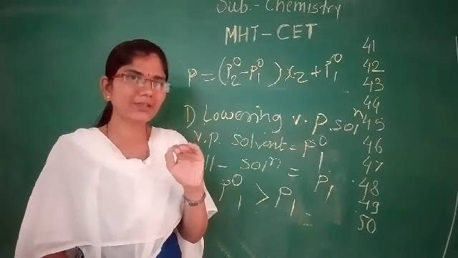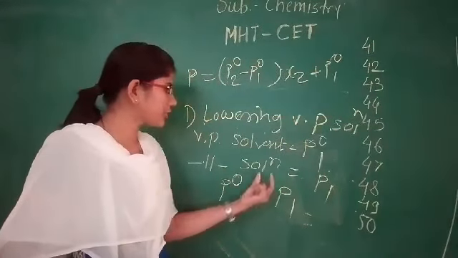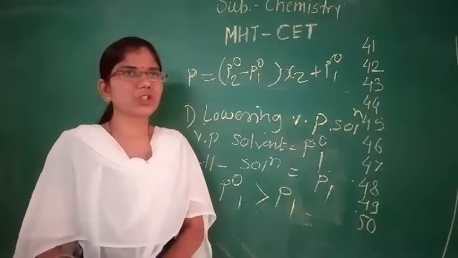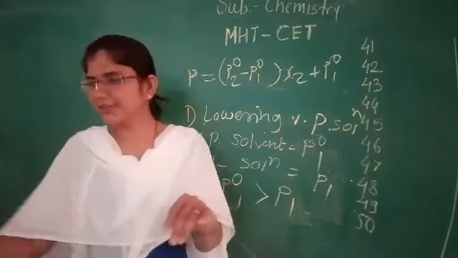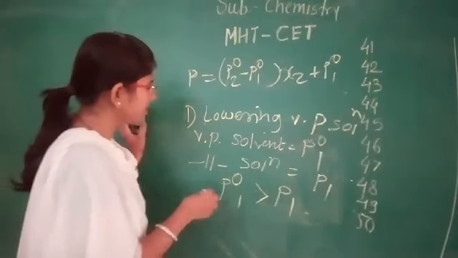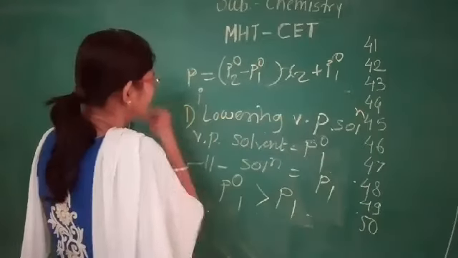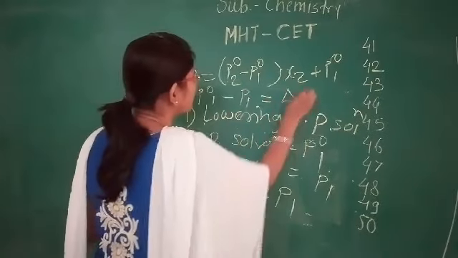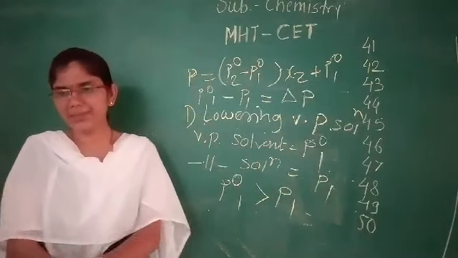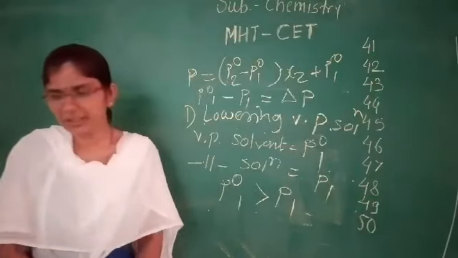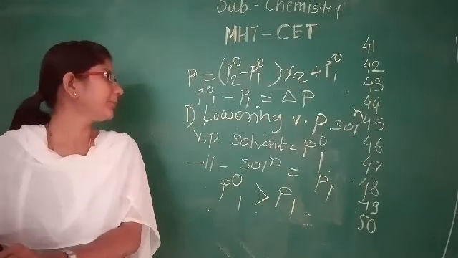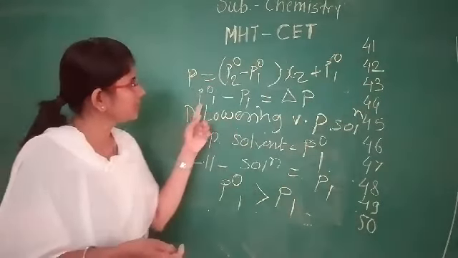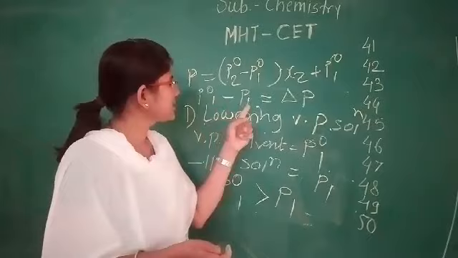Therefore, when we compare the vapor pressure of a solution and a solvent, there is a lowering of vapor pressure of the solution, and the difference, P01 minus P1, is equal to delta P. Delta P means the lowering of vapor pressure, which is equal to P01 minus P1.